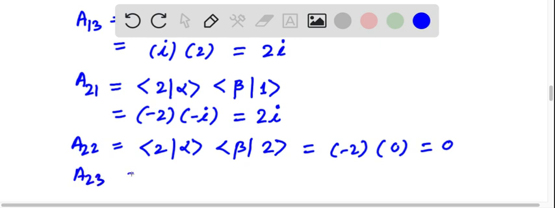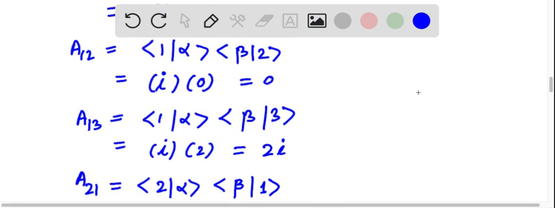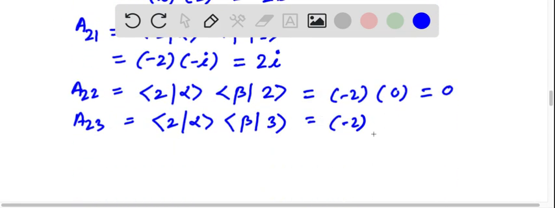A23 is equal to ⟨2|alpha⟩⟨beta|3⟩, which is minus 2 times plus 2, so it will be minus 4.